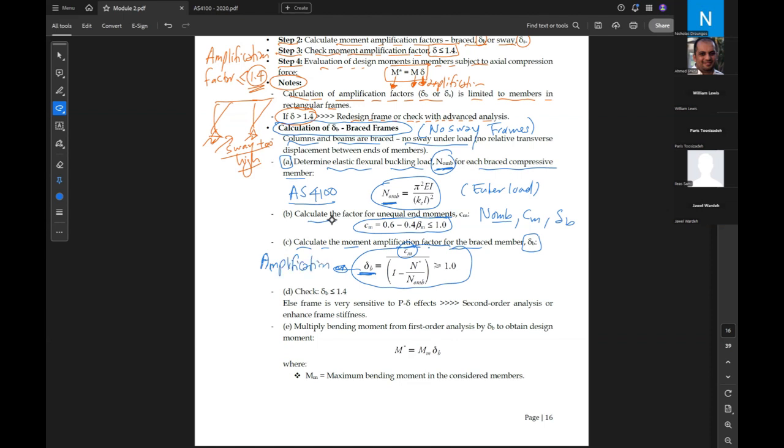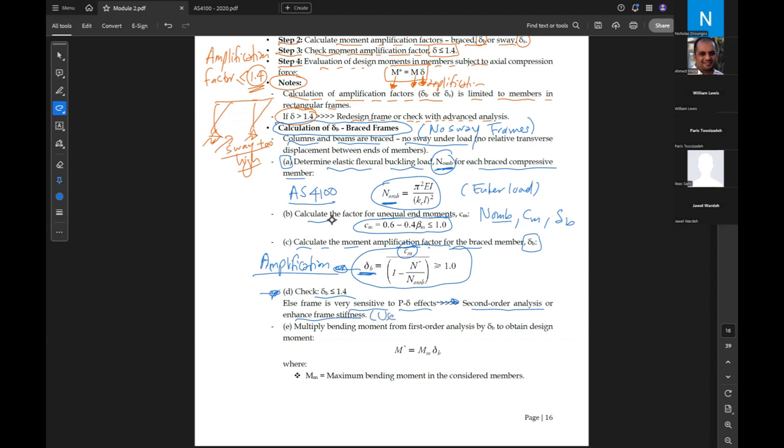Then after you calculate delta B, if it is less than 1.4, it's okay. Else the frame is very sensitive to the B delta effect, so you need second order analysis, or you need to increase the frame stiffness, maybe use a bigger section.